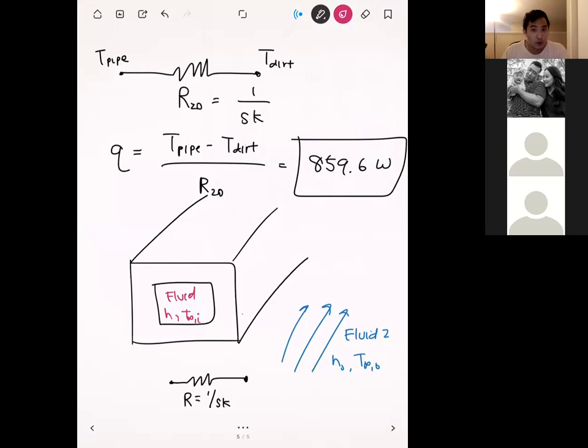The difference between this one and the previous example that we did is that the two fluids will also have their thermal resistances. For those, you just plug in the convection resistances. So we're going to have convection of the internal fluid, and also convection of the external fluid.